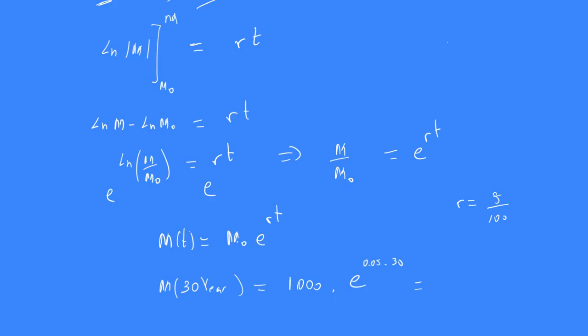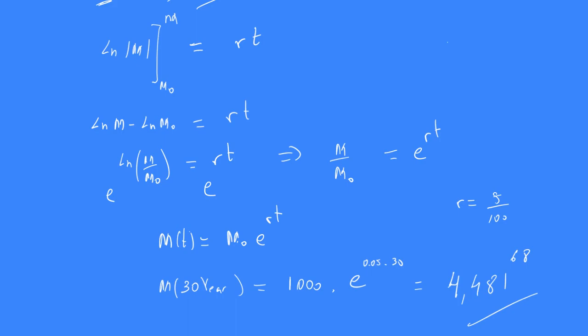If I use the calculator, the $1,000 is converted into 4,481.68 after 30 years.